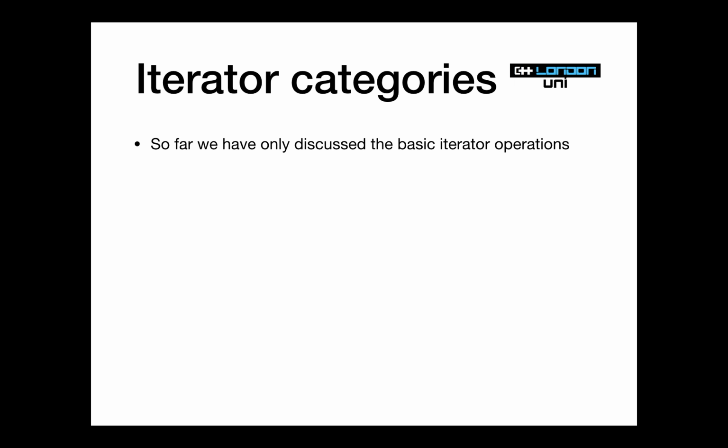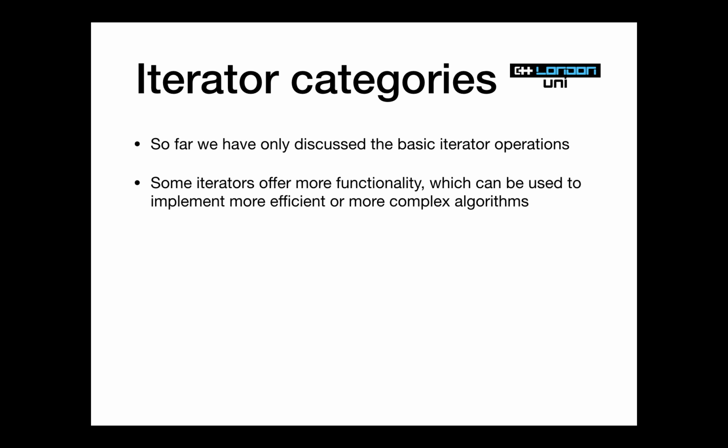These are the really fundamental basic operations. But some types of iterators offer more functionality, and the level of functionality that an iterator provides, we call its category, the iterator category.